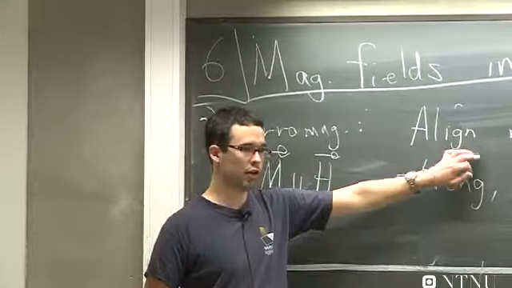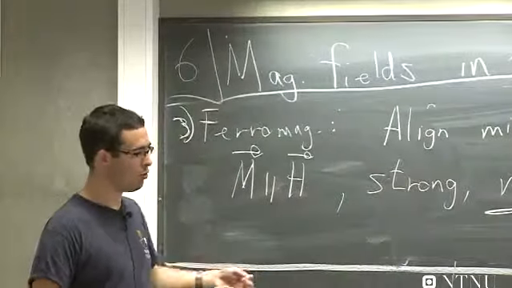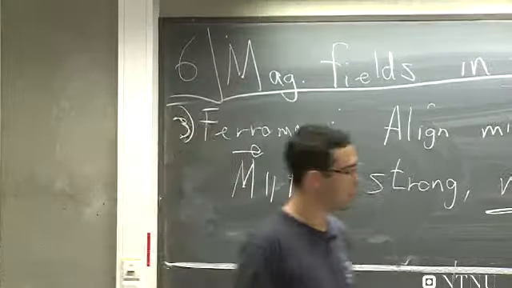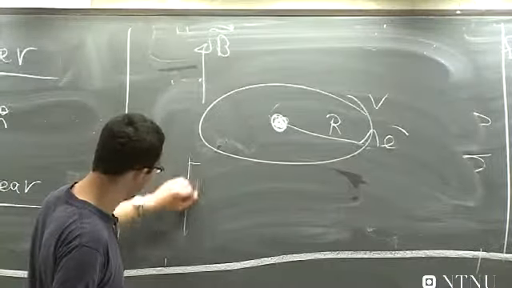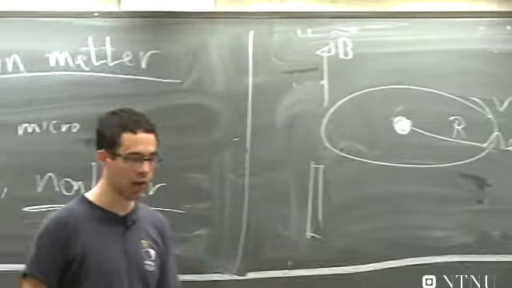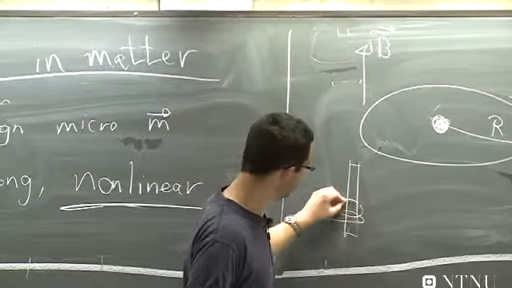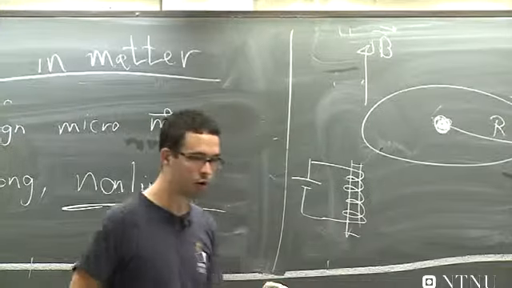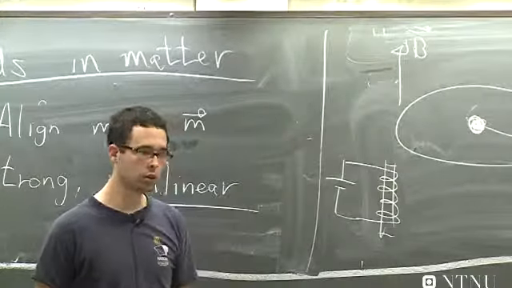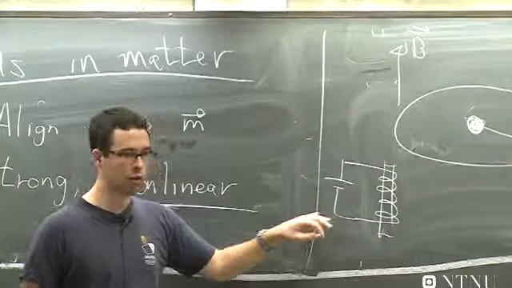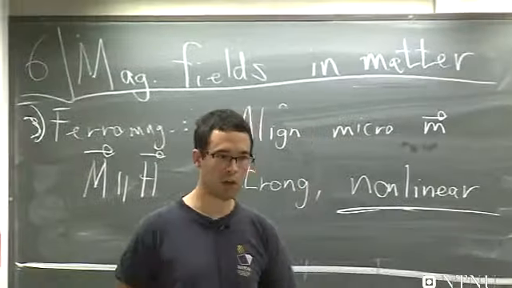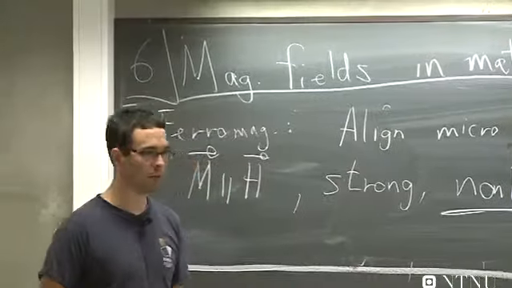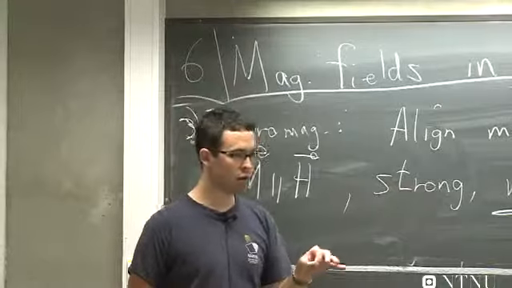Another cause for the non-linearity is that if I turn off the current again, right? I have a rod of metal like a nail. I put a current through a wire looped around it, I get some magnetization. If I turn the current off, the magnetization might not be gone. It depends a bit on the material, but in principle it's at least not completely gone.